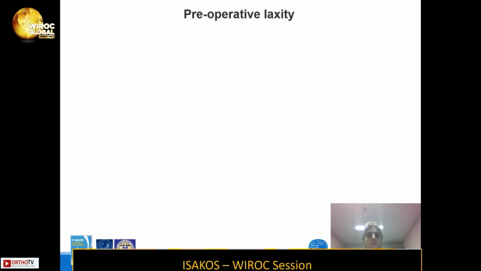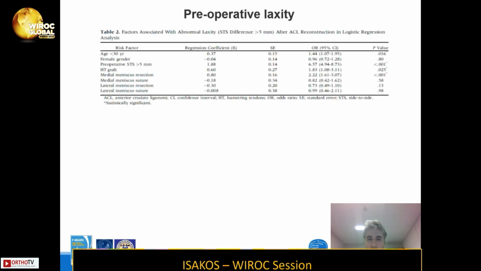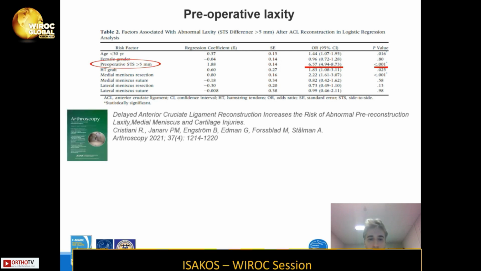Regarding the importance of preoperative laxity, I showed you in the first slide that a preoperative side-to-side difference of more than 5 millimeters was the strongest risk factor for having abnormal postoperative knee laxity. In this paper we published in Arthroscopy, delayed ACL reconstruction increases the risk of abnormal pre-reconstruction laxity, medial meniscus, and cartilage injuries.